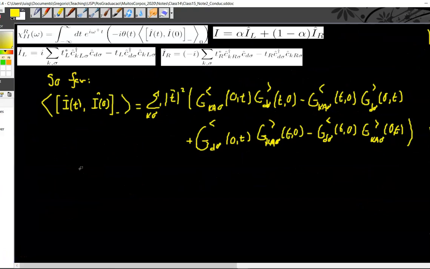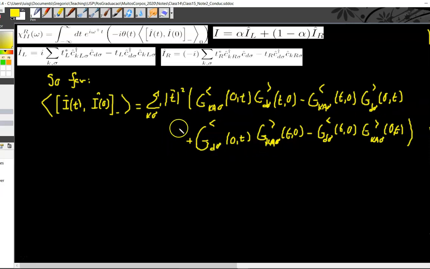So to summarize, we were able to express here the commutator of these current operators in t and 0 as the sum over these products of lesser and greater Green's functions involving the creation and annihilation operators for Ka sigma and D sigma.